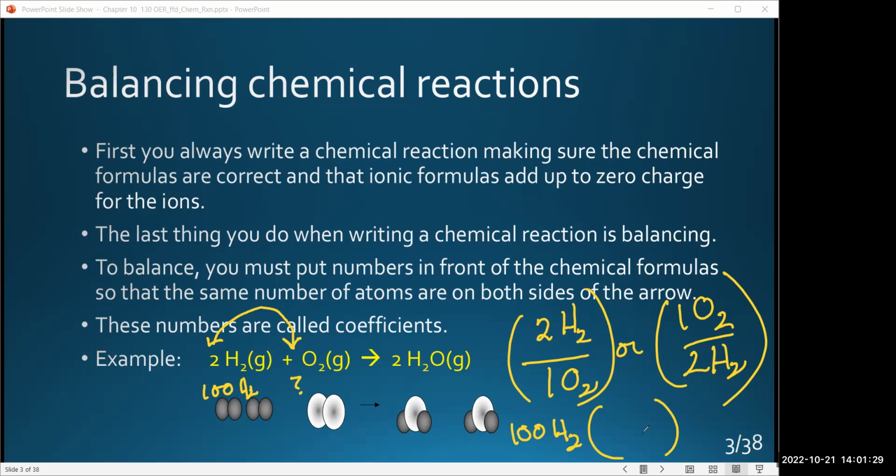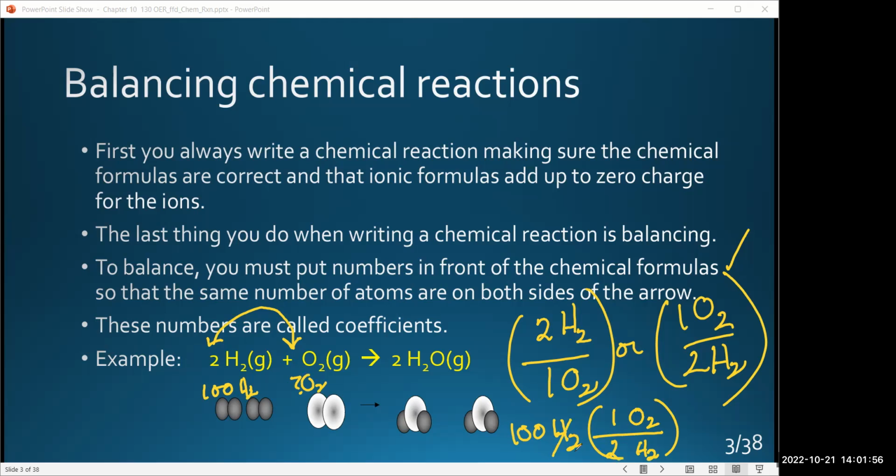I'm going to need a factor here. And obviously I need hydrogen in the denominator and oxygen in the numerator, because why? That is what we're looking for unit-wise, O2, okay? And then I take this ratio, I get it from the balanced chemical reaction, and I'm going to use the one on the left, where I got the ratio of 1 to 2, okay?